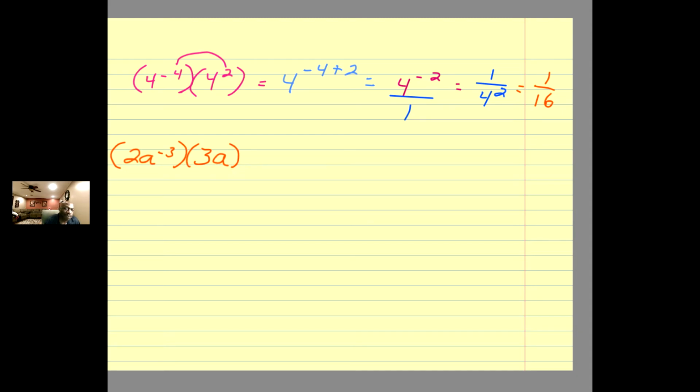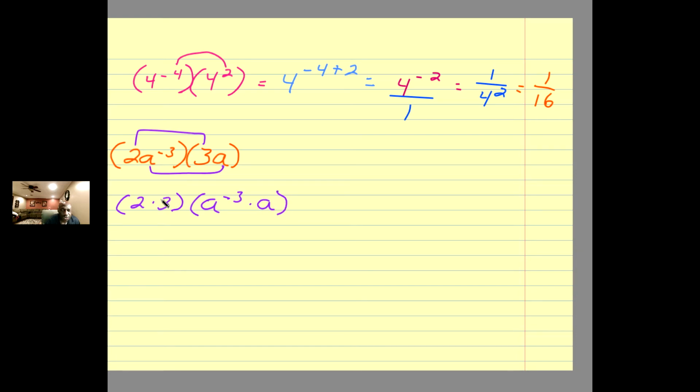All right, let's work that out. So the first thing I notice is that I have some numbers in the front that I want to separate here. So let's put that in its own parentheses, 2 times 3. We know what that is. And then let's put the variables in their own parentheses, a to the negative third power times a.